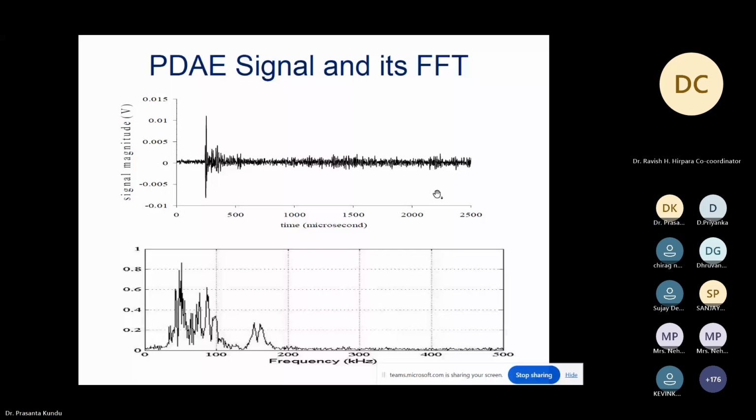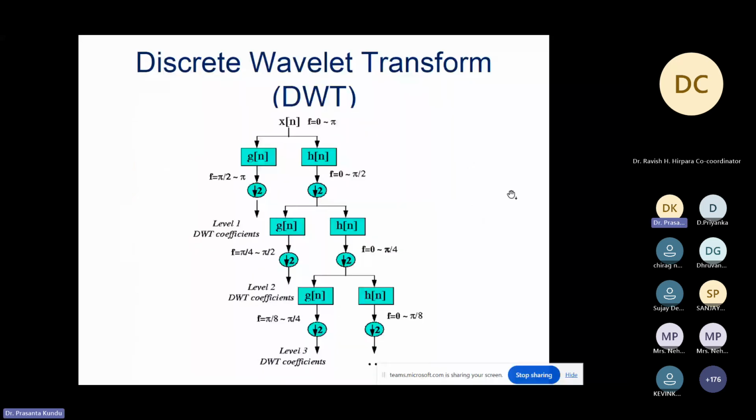Now, to classify the partial discharges, we can have many other features for the different cases. So the discrete wavelet transform is also in use. The discrete wavelet transform is a very common way to do digital signal processing of most non-stationary signals.